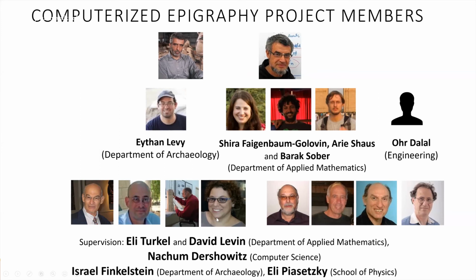We had another addition of Eitan Levy joining us in some period, and he will talk a bit later today about his aspect of the project. And we recently had a new student join, Or Dalal, a student of Nachum Dershowitz, and they are doing some interesting work, but I will not talk about it today.